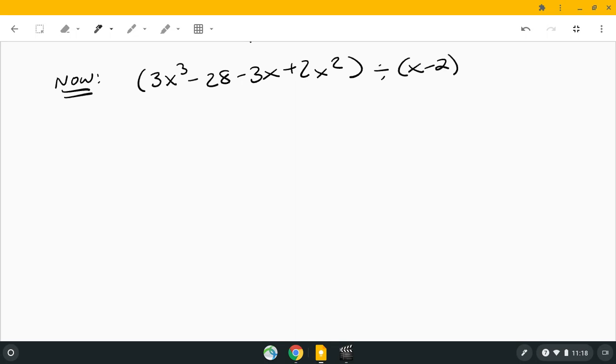What we're going to do first is make sure that both of these polynomials, this one here and this one here, are written in descending order.